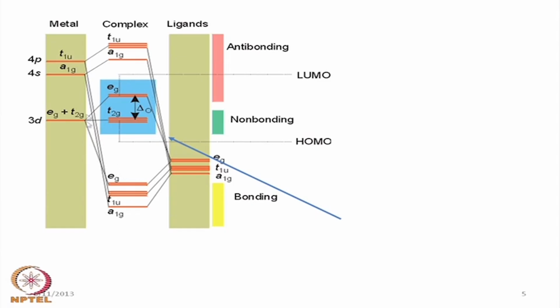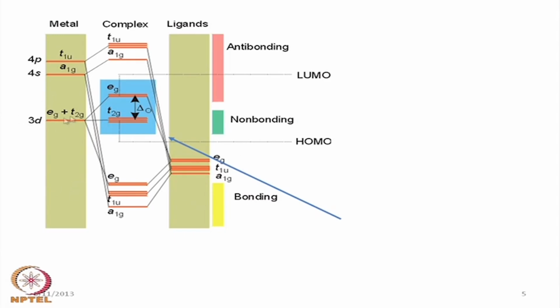This drawing is similar in terms of the molecular orbital formation, where the available atomic orbitals from the metal side are the 3d, 4s and 4p orbitals. Some lower level s and p orbitals are also there, but they are all filled and will not show any kind of interaction with these orbitals.